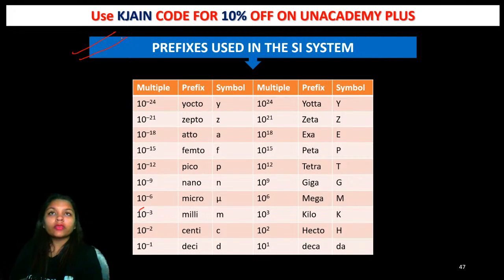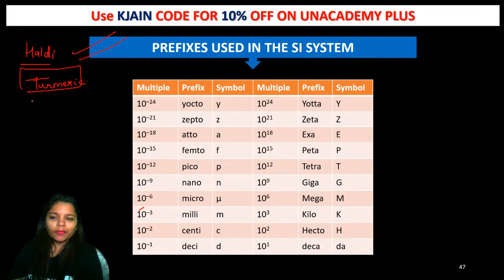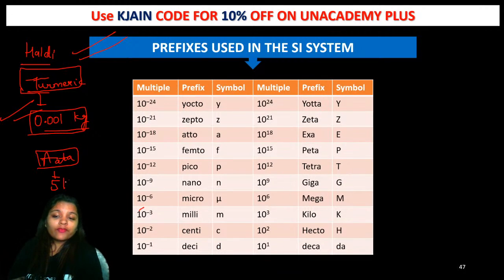If you are going to the market and you want to buy some haldi, or turmeric, and you say to the shopkeeper, please give me 0.001 kilograms of turmeric, and you also go to a shopkeeper for atta and say please give me 5 kg atta, which sounds cool to you?